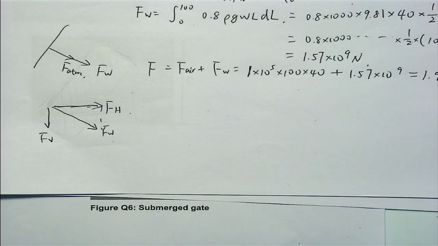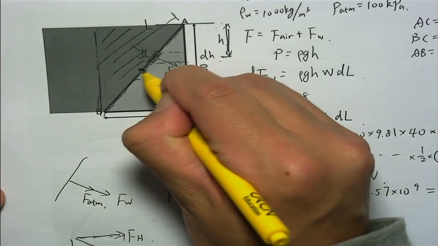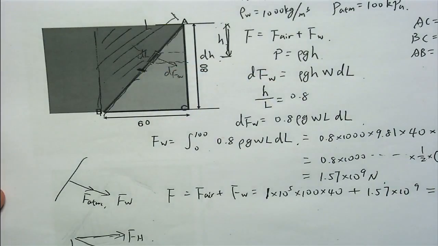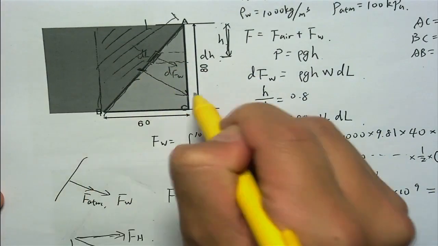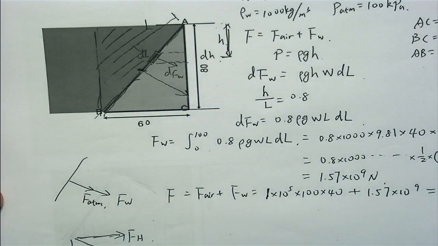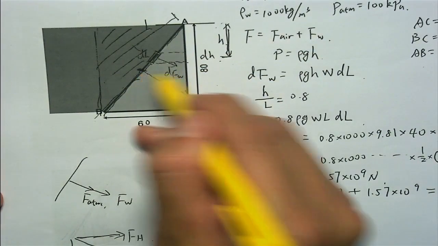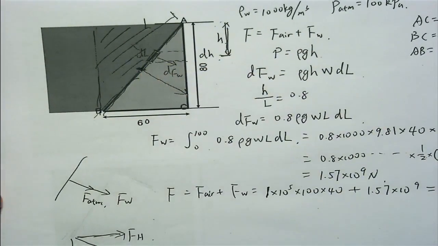This is one solution. And also, for the water, we can calculate the water force as the force on the gravity center of the surface AB. So we just need to calculate the average pressure on the gravity center.